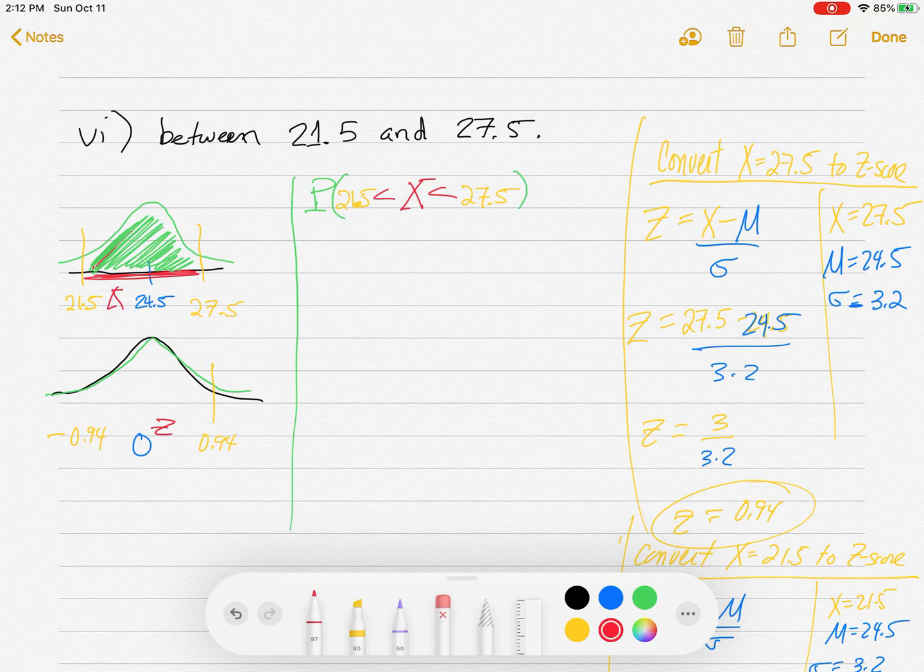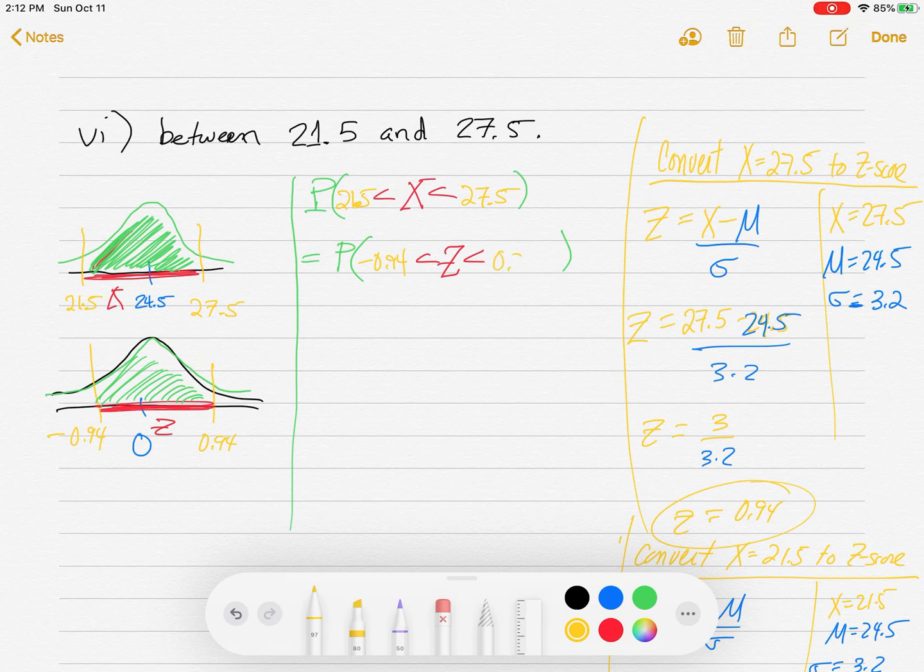So we want a Z-score in between negative 0.94 and positive 0.94. That's the area in green we're looking for.